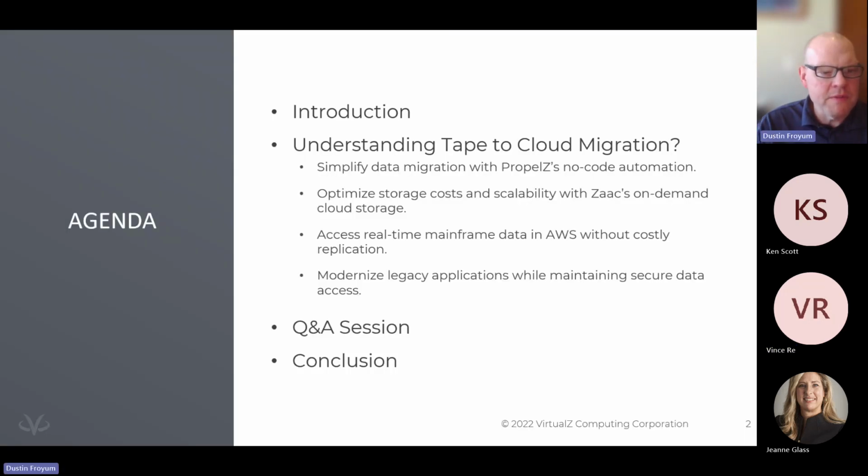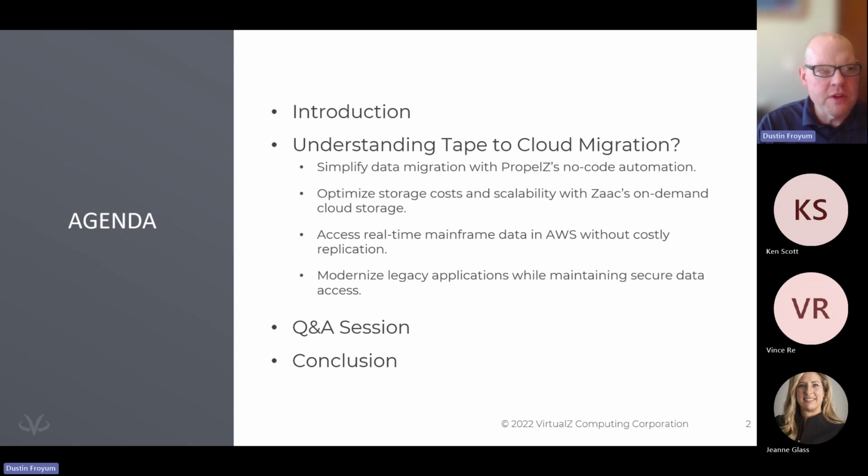So we're going to talk about a few different integration points. One, how to get mainframe data out to AWS, both into databases and data lakes, in an easy fashion using PropelZ. We'll talk a little bit about storage and our unique offering in this space.